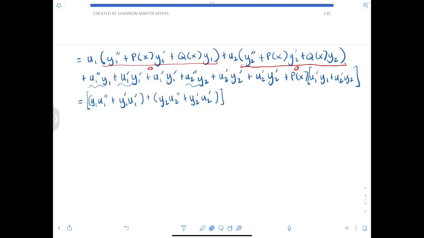We have a couple left over here. We used 1 and 2 and 1 and 2. There we go. So then we will have plus p at x times u1 prime y1 plus u2 prime y2. So y1 prime u1 prime plus y2 prime u2 prime.